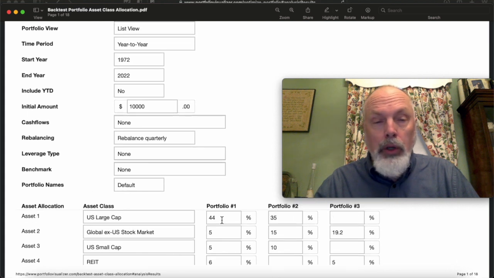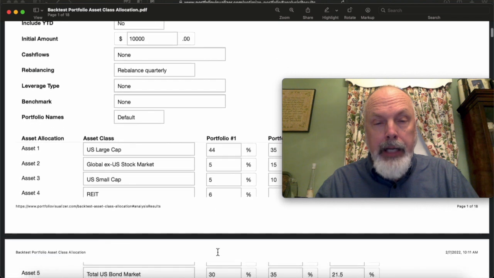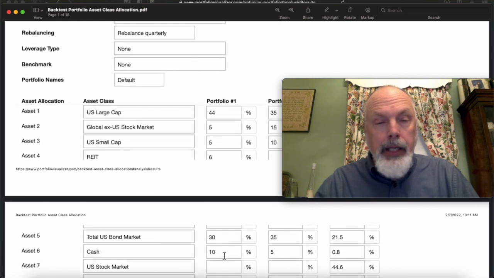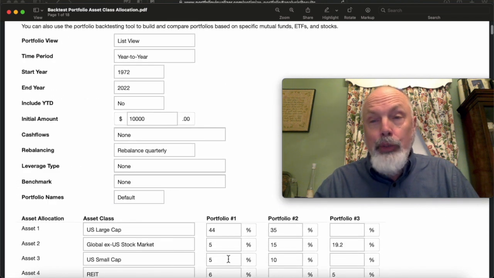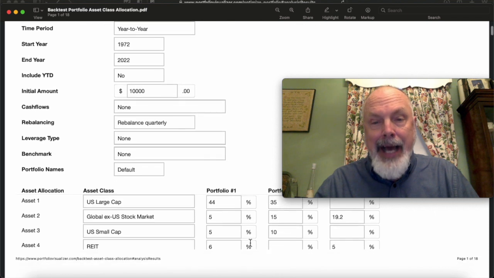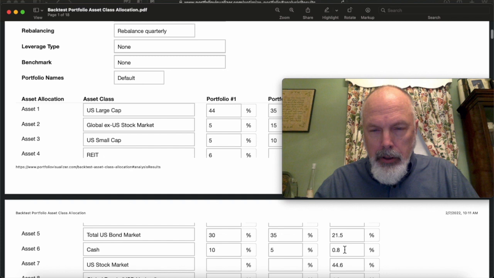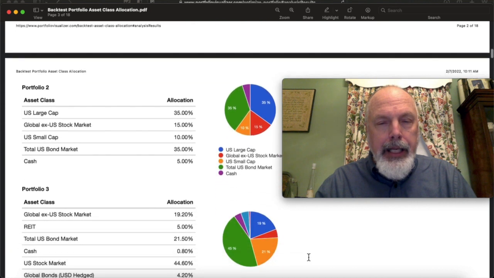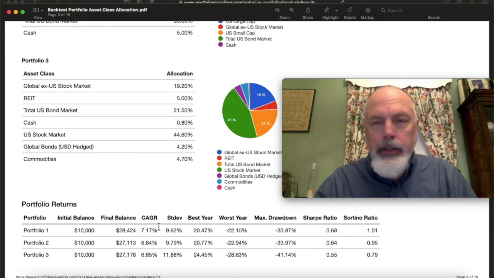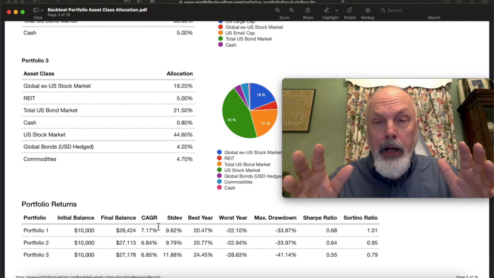I go for large cap with international, small cap, REIT, total bond, and cash. The other two portfolios like a lot less cash. In fact, I think one of them wants less than 1% cash. Totally uncomfortable for me. Of the three, CAGRs on my overall, again, these are all the buckets 1, 2, and 3.